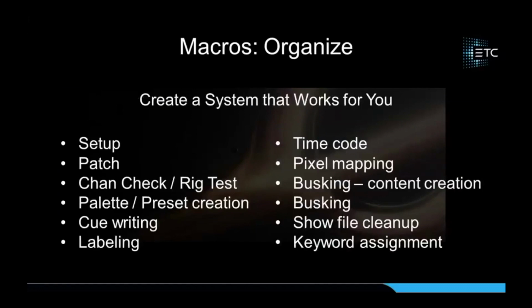So I've listed a bunch of ideas here of how I might group my macros together. And I don't necessarily mean grouping them by macro number, although that can certainly come into play. I'm talking about grouping them on a magic sheet together or on a bank of direct selects together. So for example here, I am never going to need my time code macros while I'm building palettes, probably.